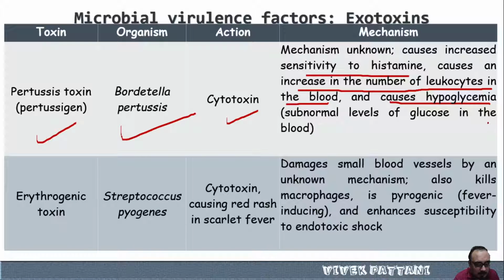What is hypoglycemia? It is subnormal levels of glucose in the blood. Now comes the erythrogenic toxin, which is produced by the bacteria Streptococcus pyogenes.